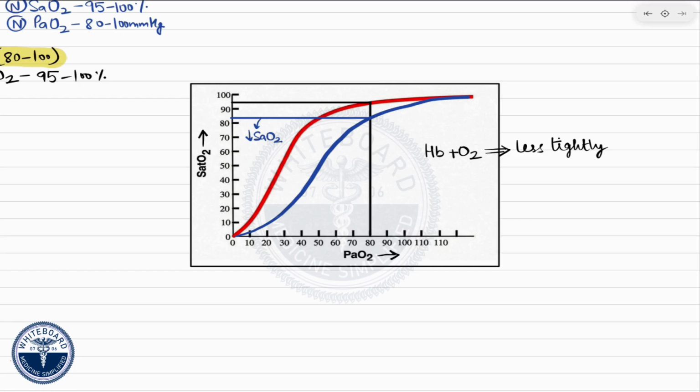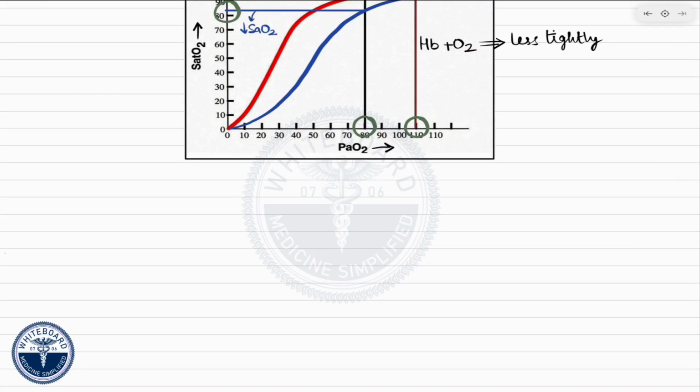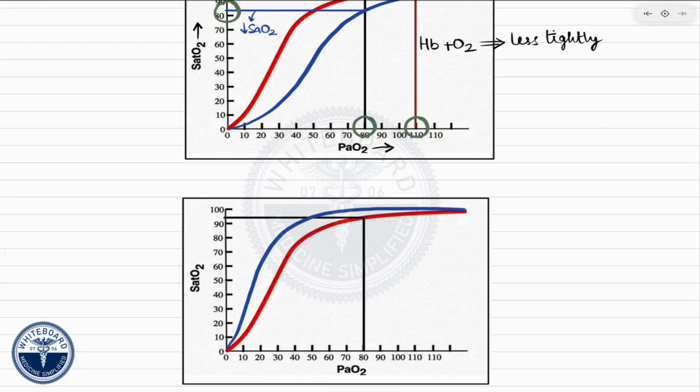You can also look at it from the opposite direction. If we want to achieve the same SaO₂, we now need a higher PaO₂. So a right shift means lower SaO₂ at a given PaO₂, or a higher PaO₂ is required to achieve the same SaO₂. On the other hand, when the curve shifts to the left, it represents that at the same PaO₂, SaO₂ will be higher, that is, hemoglobin holds oxygen more tightly, and the same SaO₂ can be achieved at a lower PaO₂.